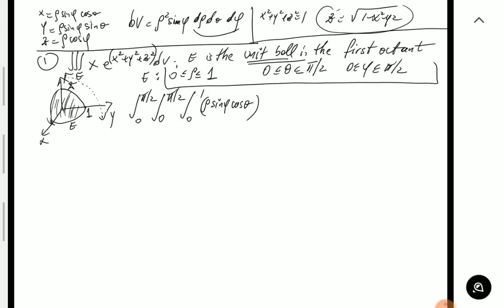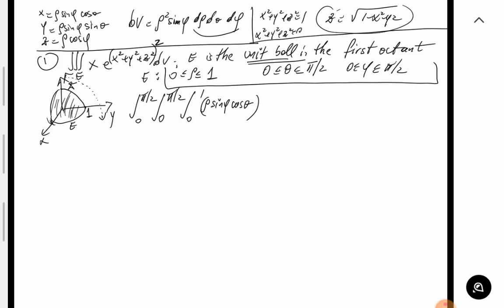Yeah, let's make it to the power 2 here. Just a little modification. Okay, so it's x e to the power x squared plus y squared plus z squared quantity squared. And I don't know if that actually makes much of a difference, but okay, let's leave it like that with this modification.